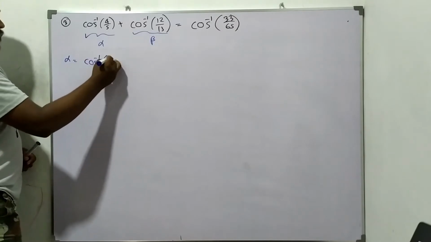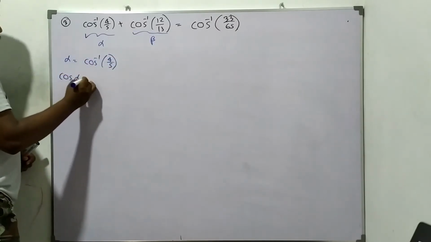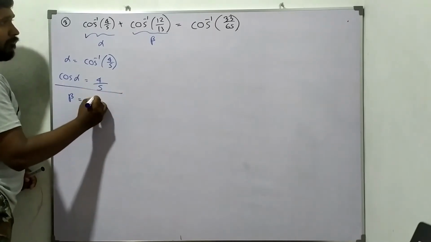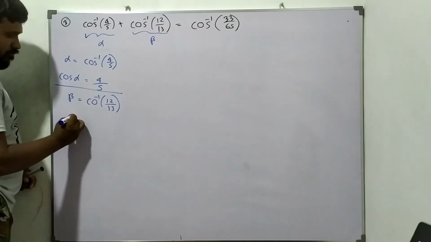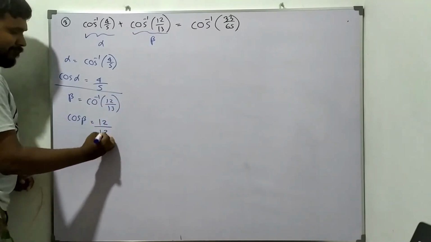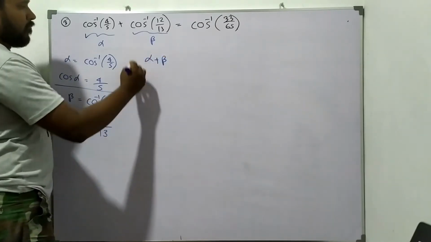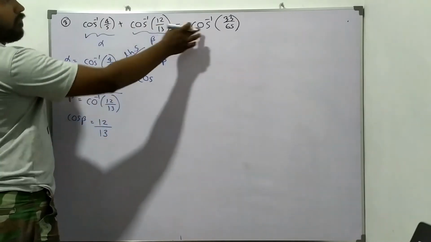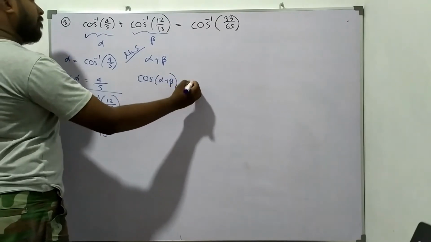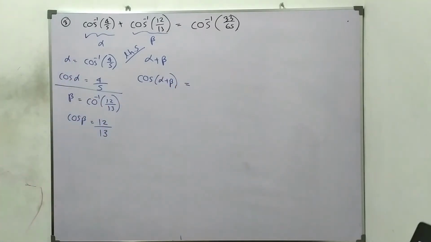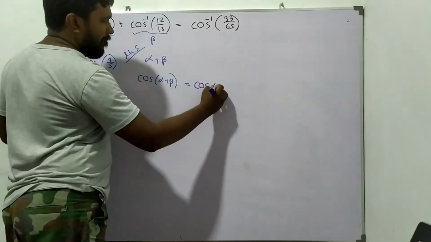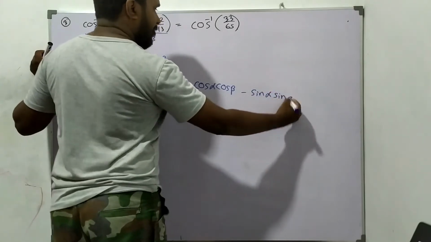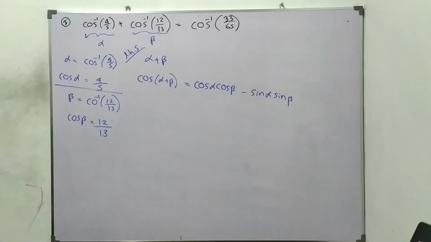So starting from the left hand side, first of all you have to define it. cos(alpha plus beta), which is cos alpha cos beta minus sin alpha sin beta.